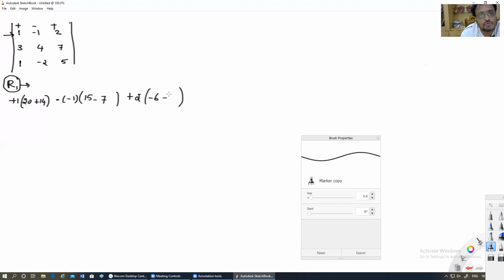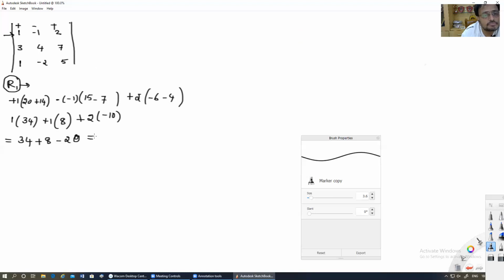So therefore it is 1 into 34 plus 1 into 15 minus 7, which is 8, and plus 2 into minus 10. 34 plus 8 minus 20.